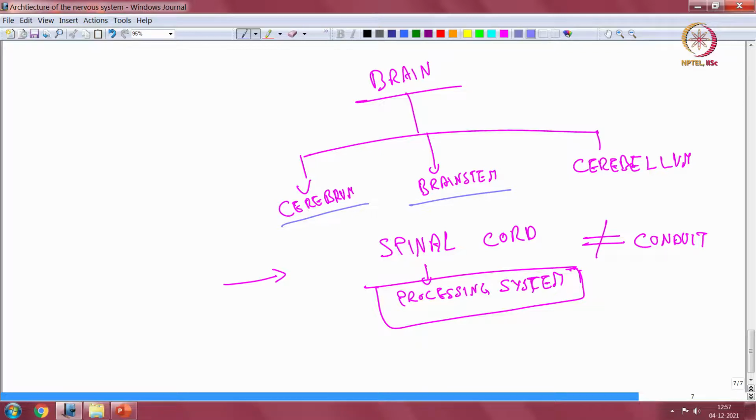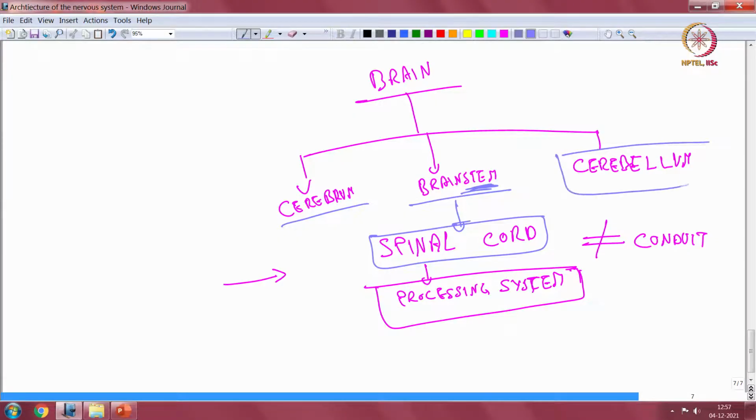The brainstem is somewhat behind, a deeper part. It is called a stem because it is a single cylindrical entity which continues into the spinal cord. The cerebellum is somewhat on the back, and its architecture is different. So, cerebrum, brainstem, and cerebellum. We'll go into a little more detail on each of these.